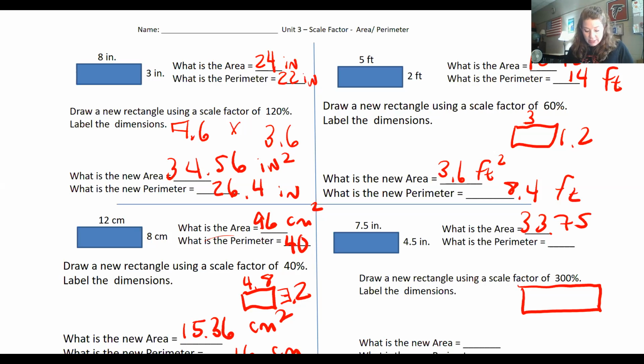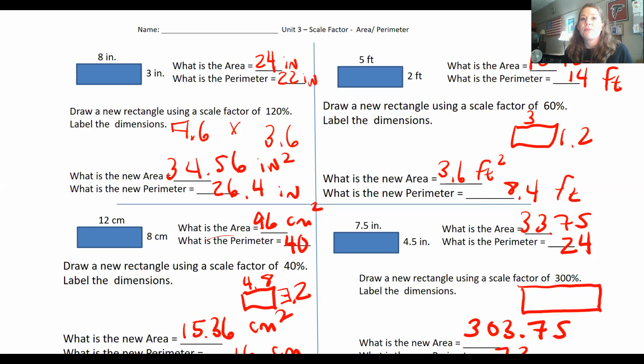So the new area is going to be 9 times bigger than the original. So the new area is 303.75. Our original perimeter was 7.5 times 2 plus 4.5 times 2, which is 24. And if that's 3 times bigger, it's going to be 72.